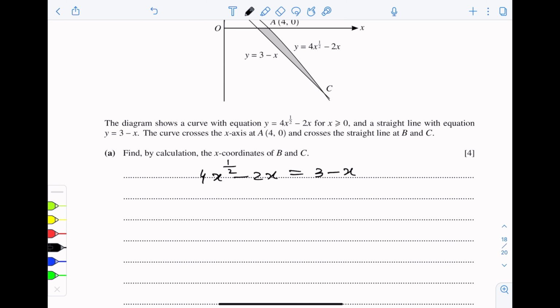So we will solve this equation, rearranging it. 4x power 1 over 2 minus 2x minus 3 plus x is equal to 0. This becomes 4x power 1 over 2 minus x minus 3 is equal to 0.